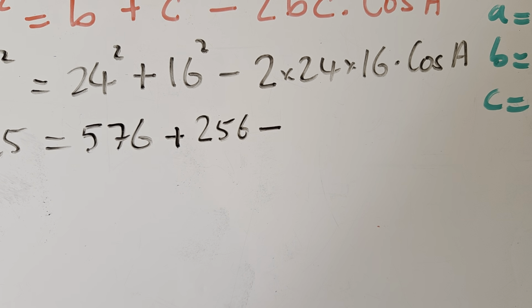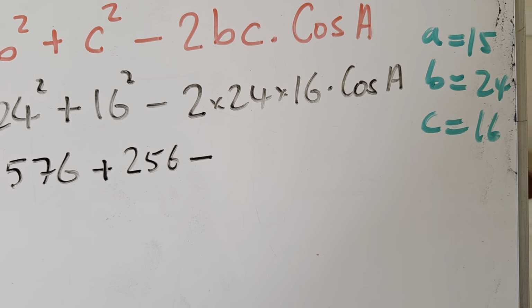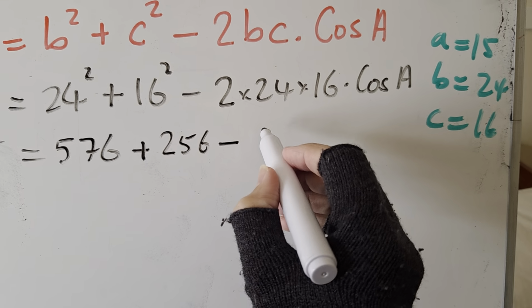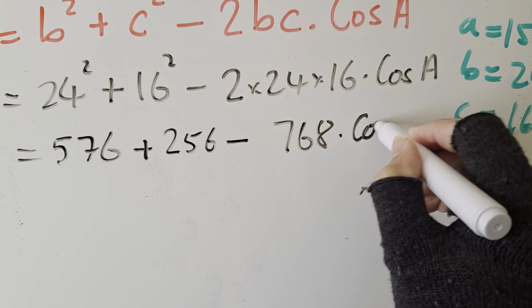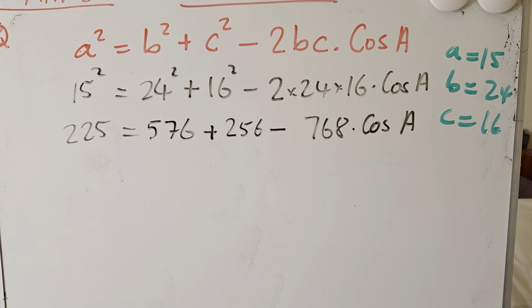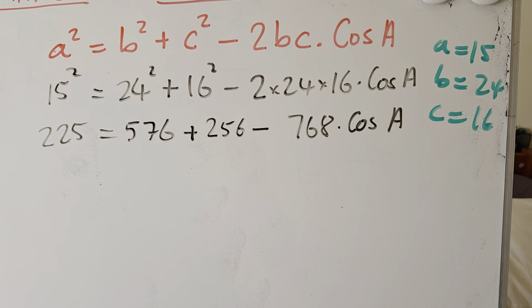And then minus the product of these numbers, 2 times 24 times 16, which is 768. So 768 times the cosine of A. It's a long formula, but if you follow step by step, you won't go wrong. You just have to stay focused.